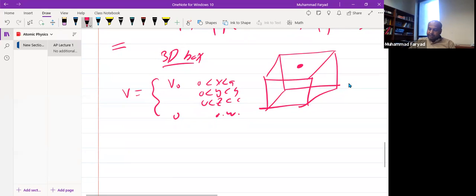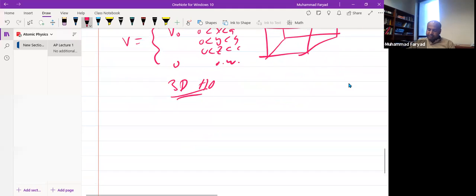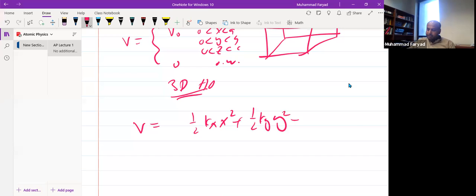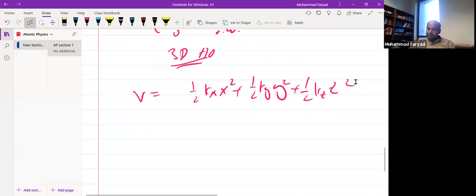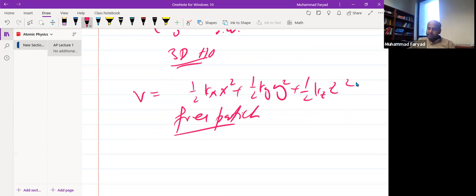So let's say we have a 3D harmonic oscillator. It has a potential profile like this: half kx x square, half ky y square, half kz z square. Or maybe we have a free particle. For a free particle, V is 0.